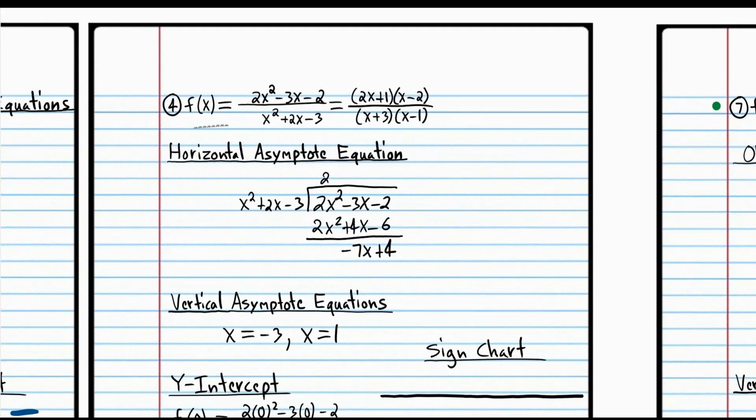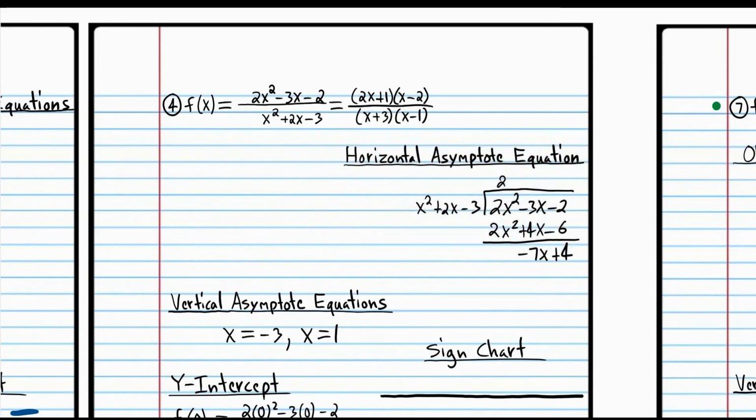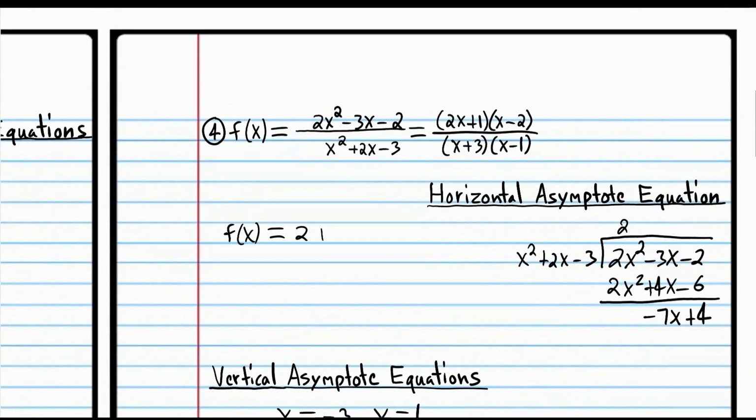So we're now converting the form of that expression to 2 plus (-7x plus 4) all over (x squared plus 2x minus 3).